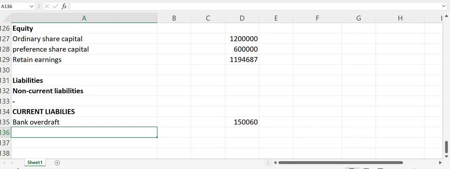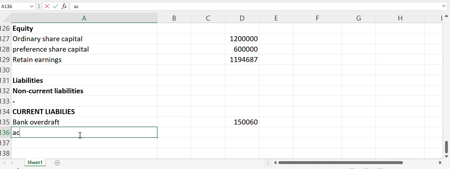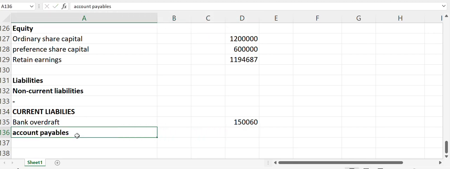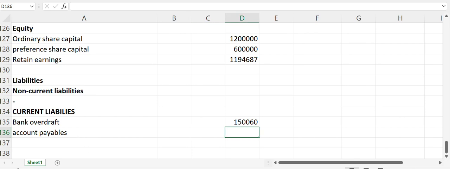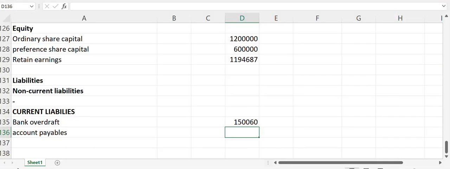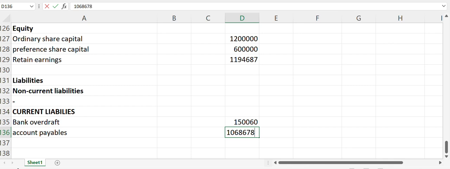The other item is accounts payable. So accounts payable 1068, then 678.